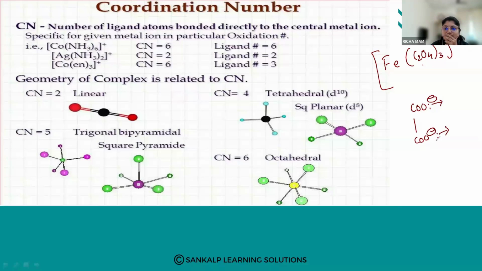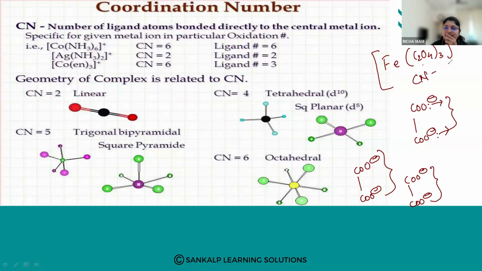Can you tell me the coordination number? 2, 4, and 6. So the coordination number is 6 because oxalate is a bidentate ligand. We have taken three oxalate ions, but each oxalate ion has 2 donor atoms.